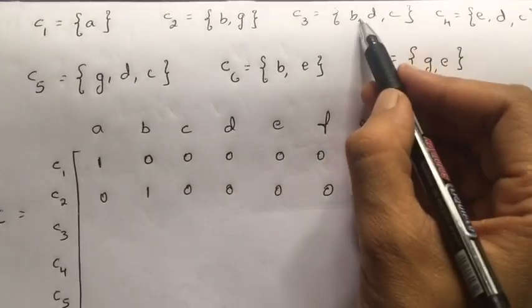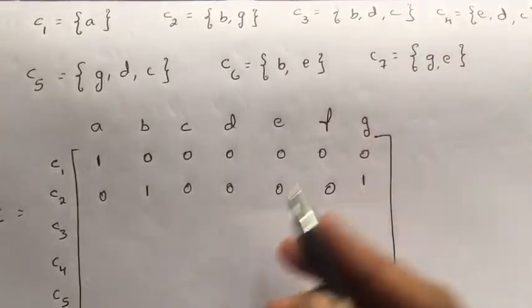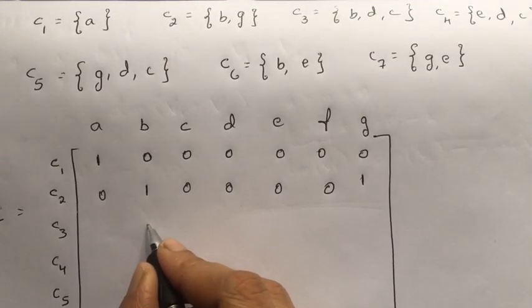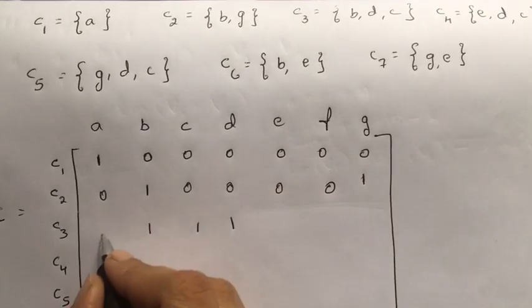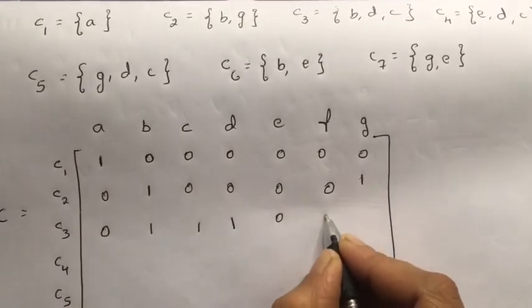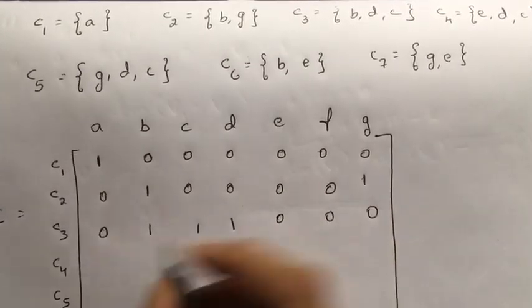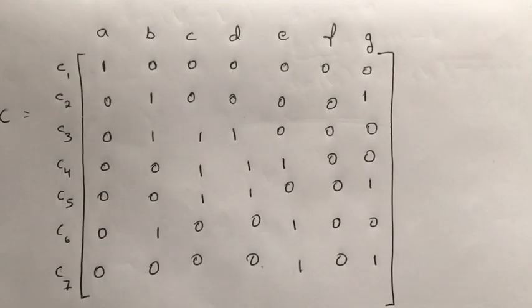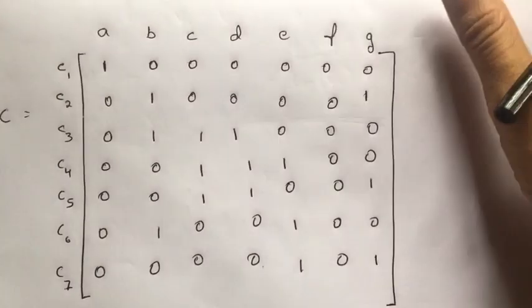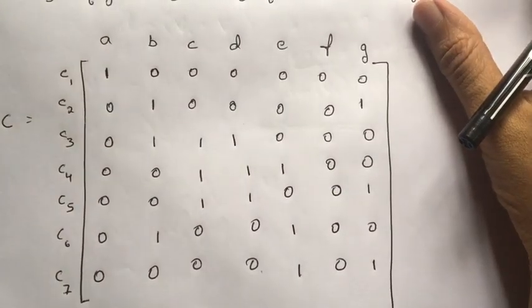Similarly, in cutset C3, edges B, C and D are there, rest will be 0. C4, like that I'll complete it. So this is the cutset matrix for the graph G.